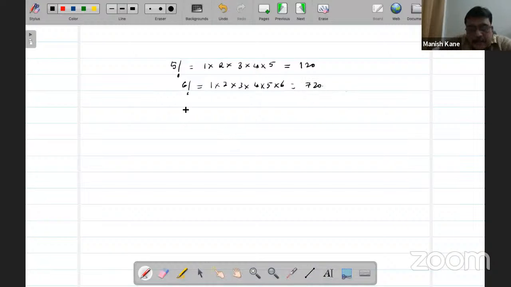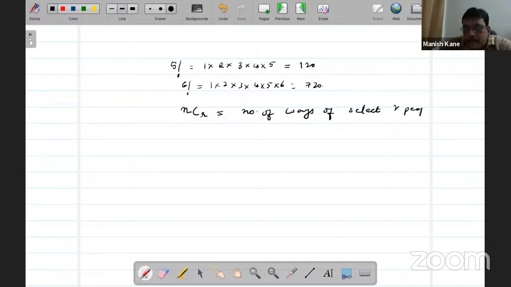And another thing that I want to introduce is NCR, which is the number of ways of selecting R people out of N. I'm doing this only for those who don't have a background in maths. Because today's session revolves around this formula, NCR.